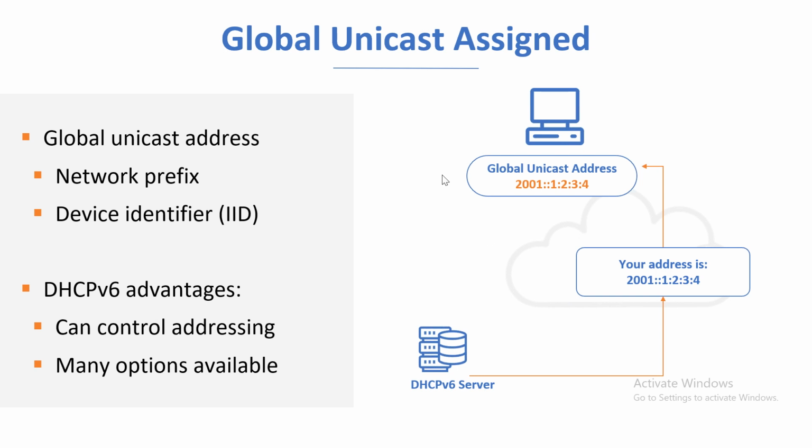So what are you going to get once you have the global unicast assigned? You're going to get the global unicast address, and of course, you're going to get your device identifier. And we'll show some of that happening as well. And so what is the advantage of DHCPv6? Well, the advantage is you can control it. You can control the address that you have. And where might that come in extremely handy?